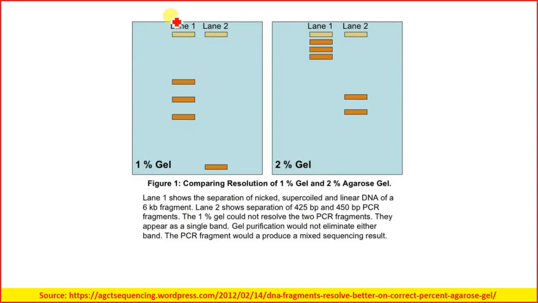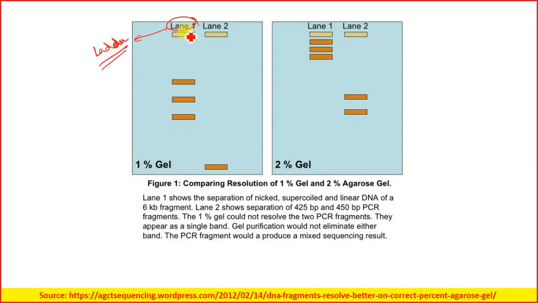Now, when you are running the gel, there can be several lanes. You have to keep in mind the first lane is regarded as the ladder. Now, what is a ladder?